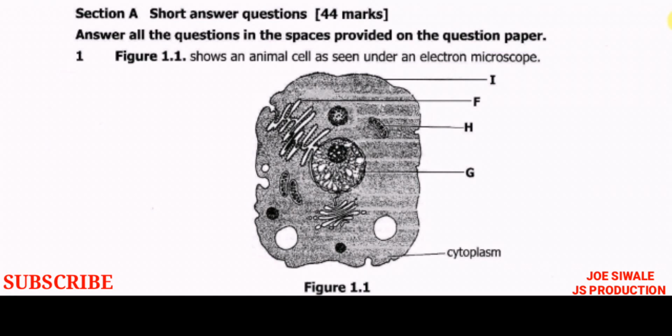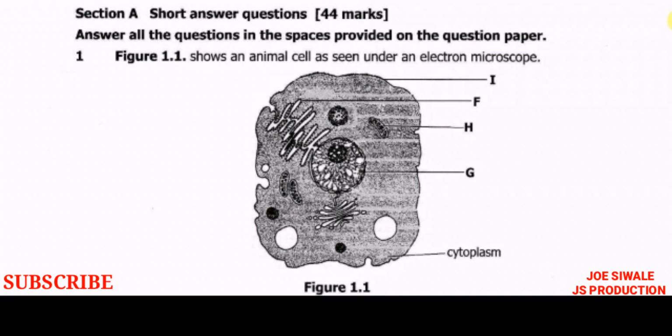Part H, that's the mitochondria. The function of the mitochondria is that this is where respiration takes place. So this means that this is where energy is created. And cells that need a lot of energy, they contain a lot of mitochondria.